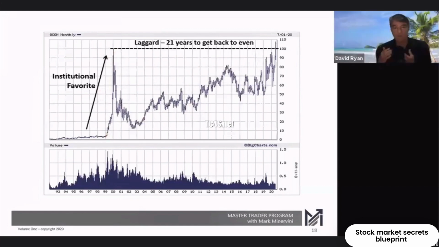And Mark, you can throw a few more stocks. I mean, Microsoft was the same thing. It topped out in 2000 and didn't start acting well until 2016. So it was also dead money for 16 years. And I think showing these examples, it's a great point to make that there's a big difference between a great stock and a quality company.